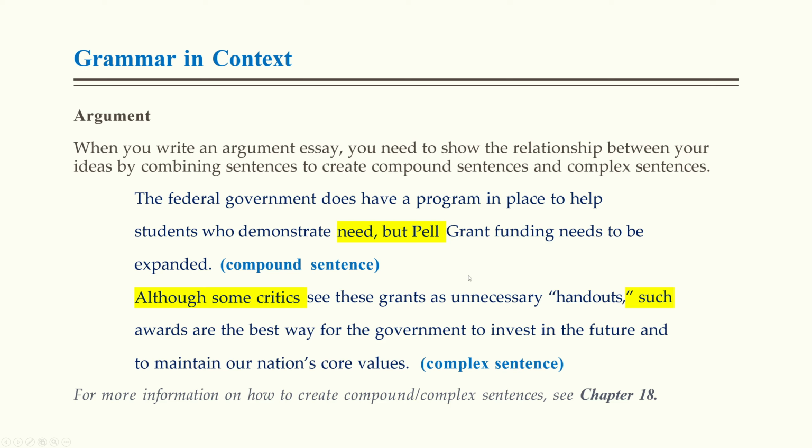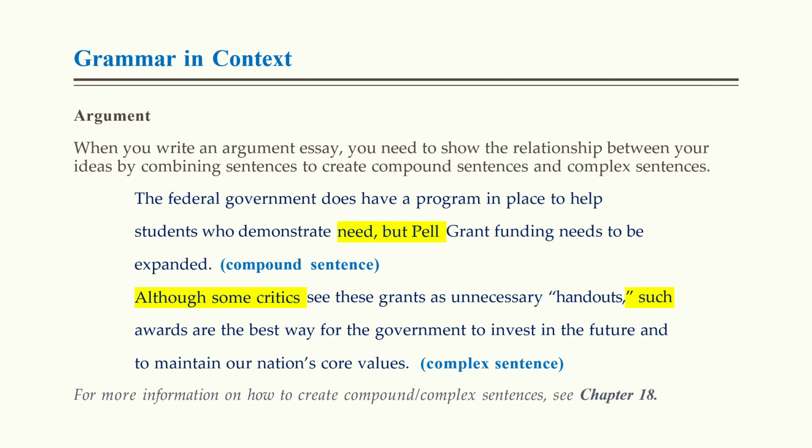A complex sentence, on the other hand, is when you have a dependent clause. So that's an incomplete sentence joined with a complete sentence. Although some critics see these grants as unnecessary handouts. Okay, so if I stopped there and put a period, you would be saying, oh, yeah, and?